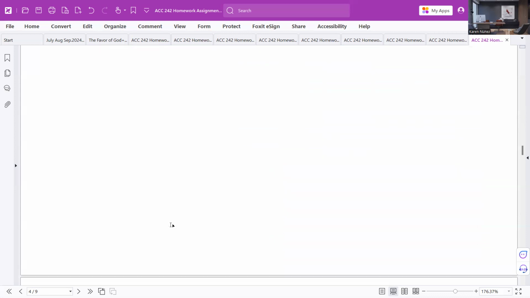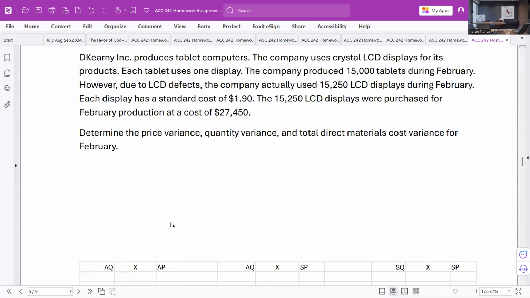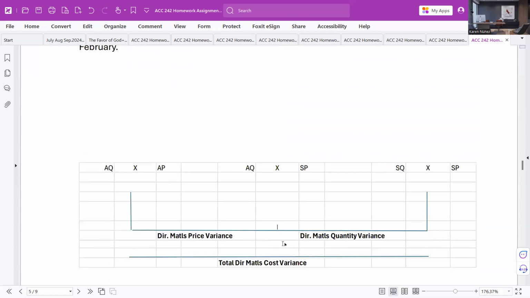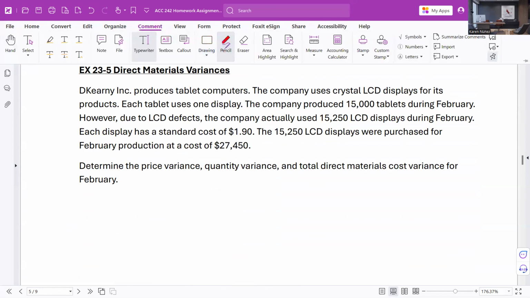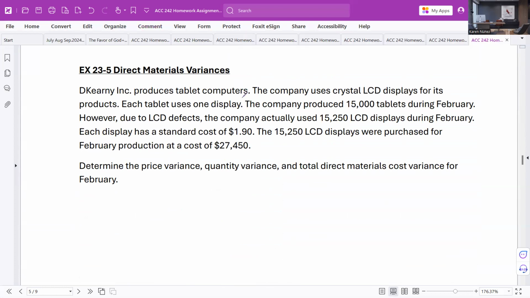Let's take another look at materials variances, same model, all right? So the model's the same. We just need to factor in the right numbers, the numbers that were given in this exercise, exercise 23-5. So let's highlight the information that we're given. They use this crystal LCD display for its products.